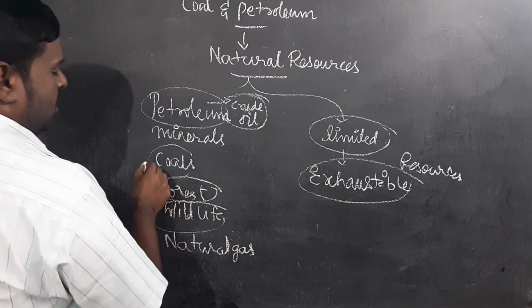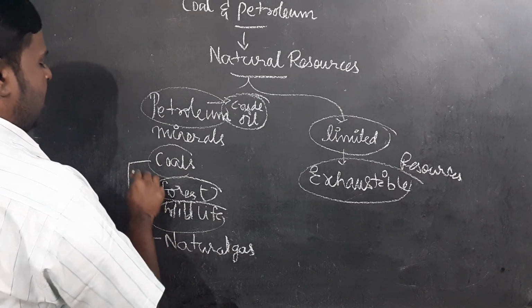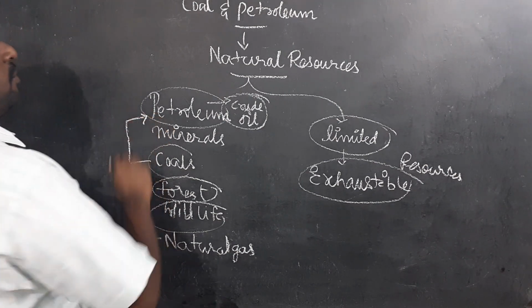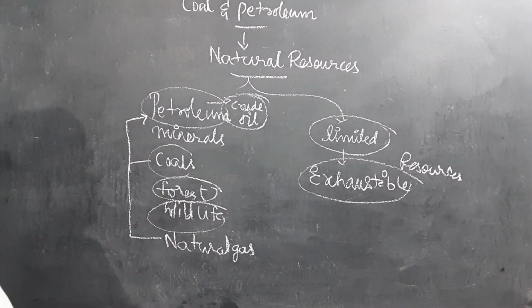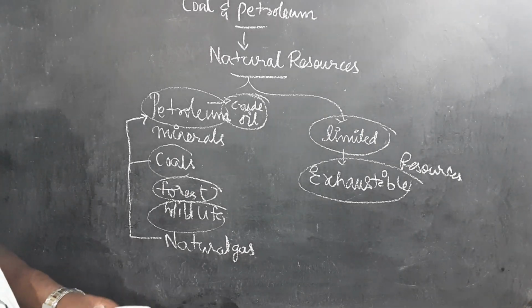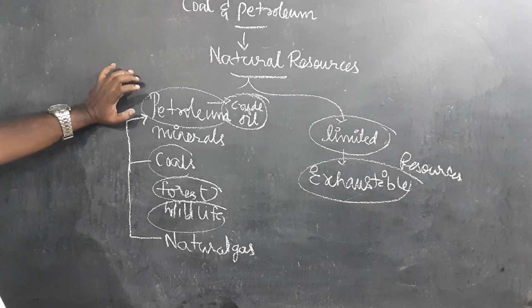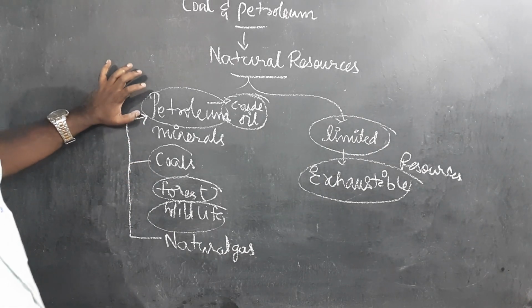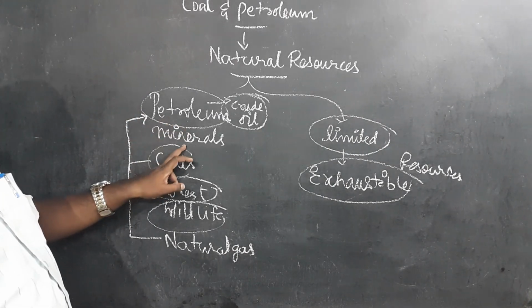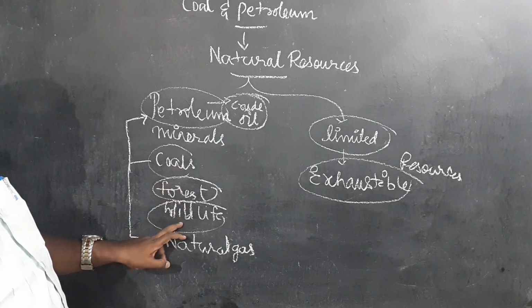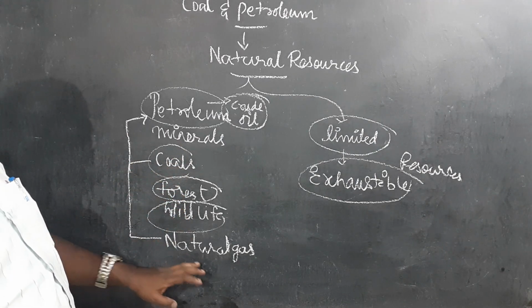But keep in mind, coal and natural gas all come under petroleum. These are examples of exhaustible resources: petroleum, minerals, coal, forest, wildlife, as well as natural gas.